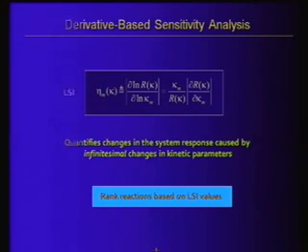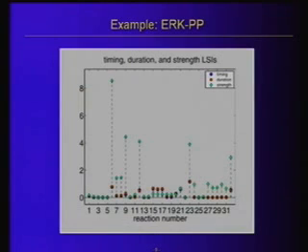So this is the easiest thing to do. And if I do this on the model, I can make plots like this. This is the number of reactions. This is the sensitivity, actually the derivative of the timing, duration, and strength, the value of that index, with respect to the kinetic parameter of that particular reaction. So look what happens here.